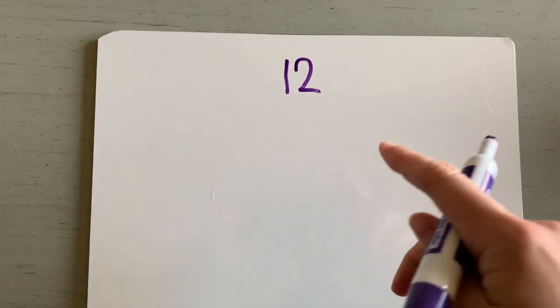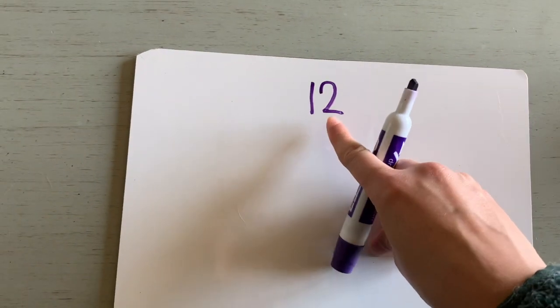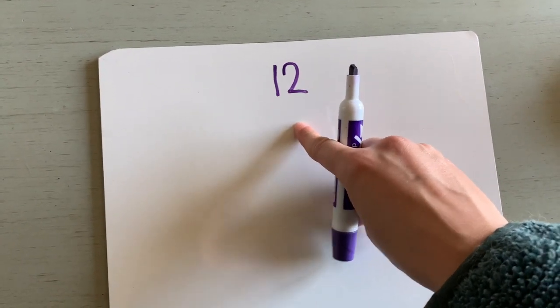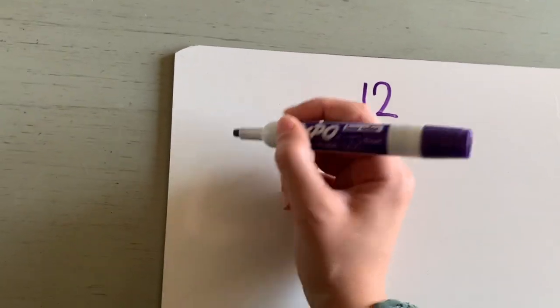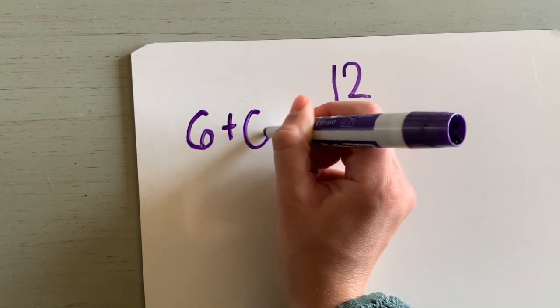So let's get started. For our warm-up, I want you to think, and you can write it down, of how many ways you could make the number 12. For example, you could add numbers together to make 12, like 6 plus 6.